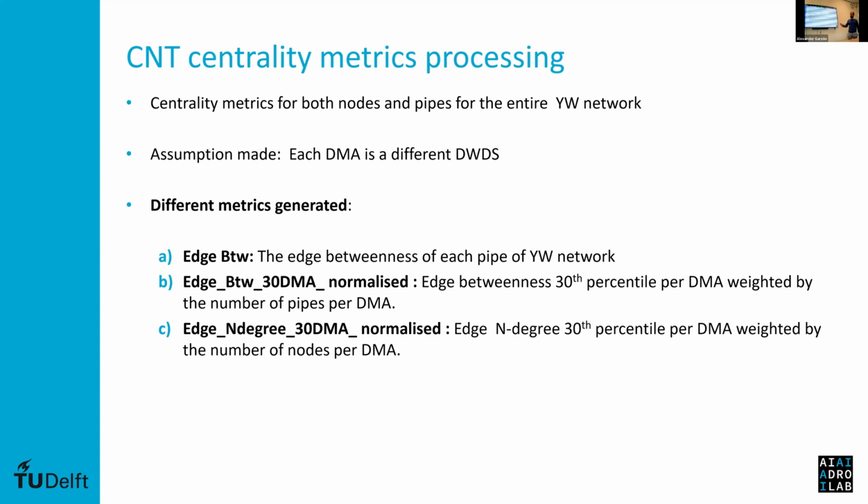And we created different metrics, just showing here 3 of them that I have used in this work: the edge betweenness of the pipe itself, the 30th percentile edge betweenness of the DMA. So we calculated the pipe edge betweenness, and then we used the 3rd percentile of a specific DMA to create the edge betweenness of the DMA, and the same for another parameter, which is the edge degree.